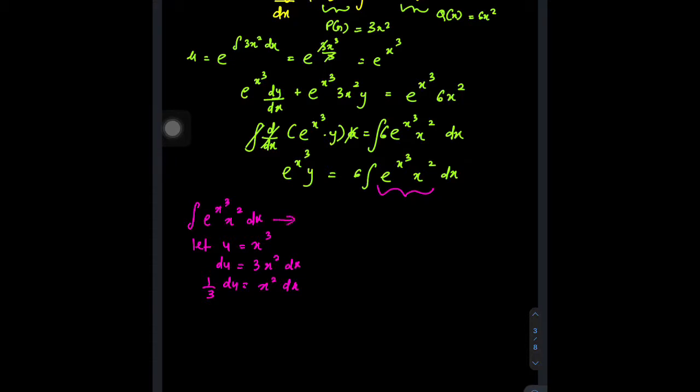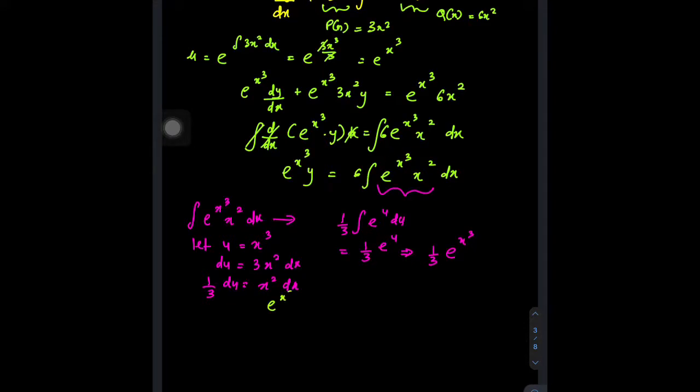So this one will become 1 over 3 times the integral of e to the power of u du. Then integrate, you will get 1 over 3 e to the power of u. It should be plus c, but you can just put it later. So substitute your u in terms of x. You will get 1 over 3 e to the power of x cubed. So you can just put this answer here.